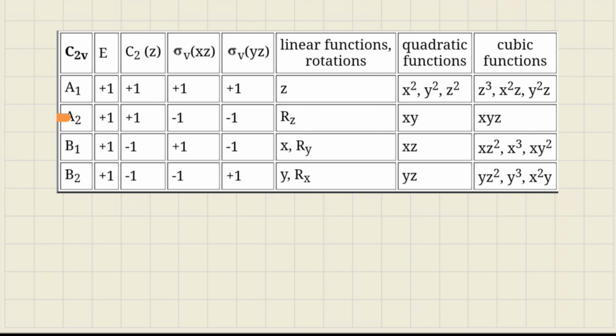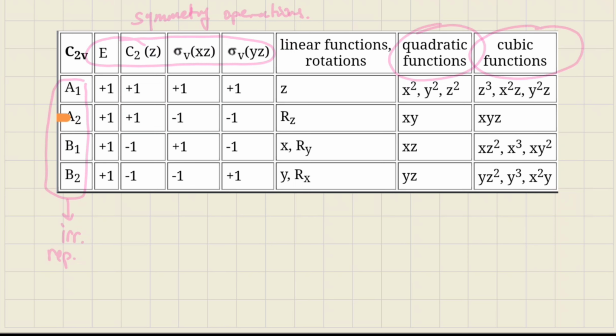In this table, you can see the symmetry operations, and these are simply symmetry operations. You can see the irreducible representations. You can see the quadratic functions and cubic functions here. And these functions will be useful to understand whether the mode is infrared or IR active.